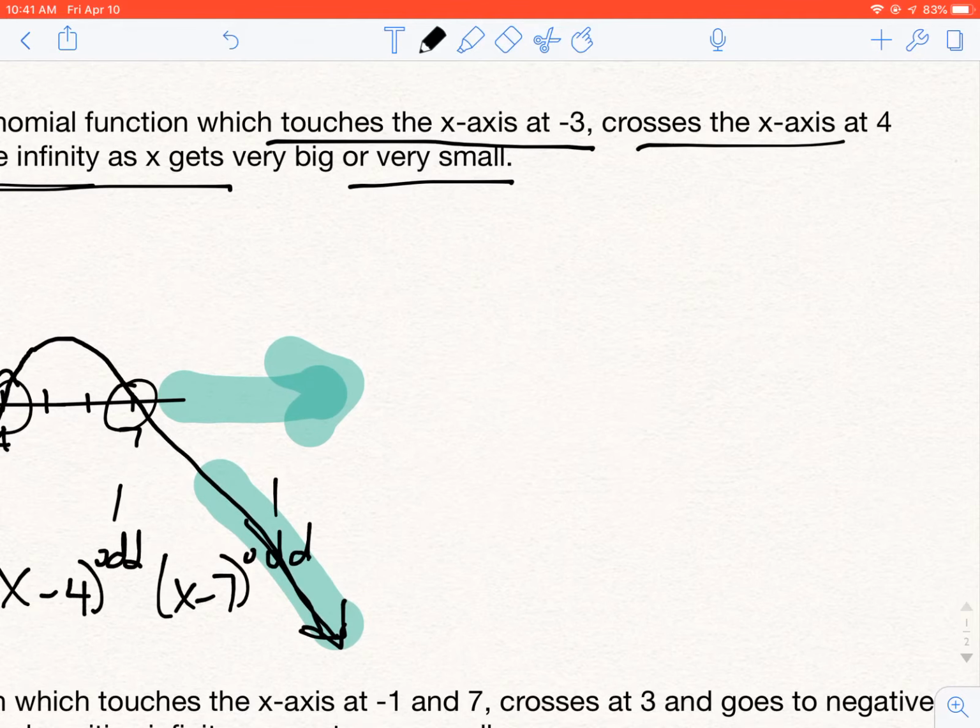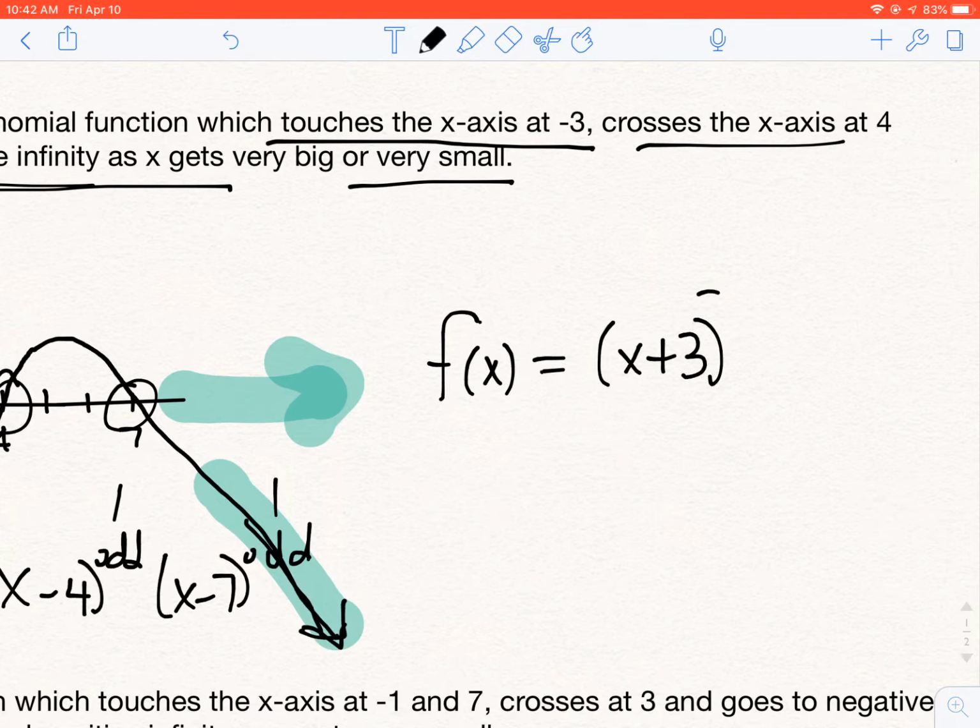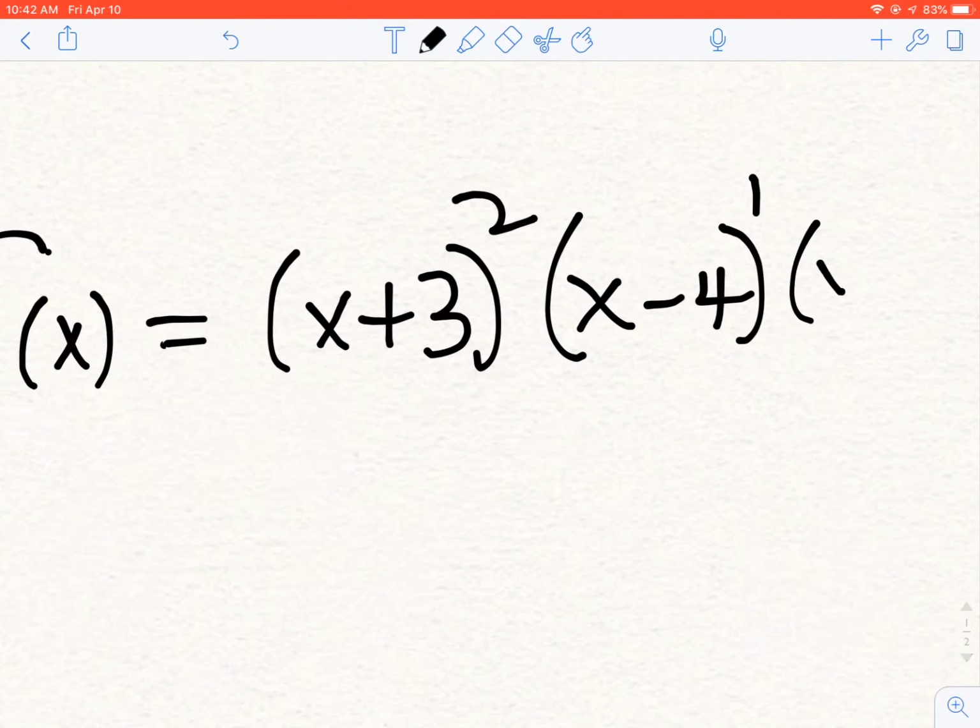So my polynomial function, make sure I have an equal sign. So f of x or p of x or y, whatever you want, I'm going to have x plus 3 to the 2nd power. I'm going to have x minus 4 to the 1st power, and x minus 7 to the 1st power.